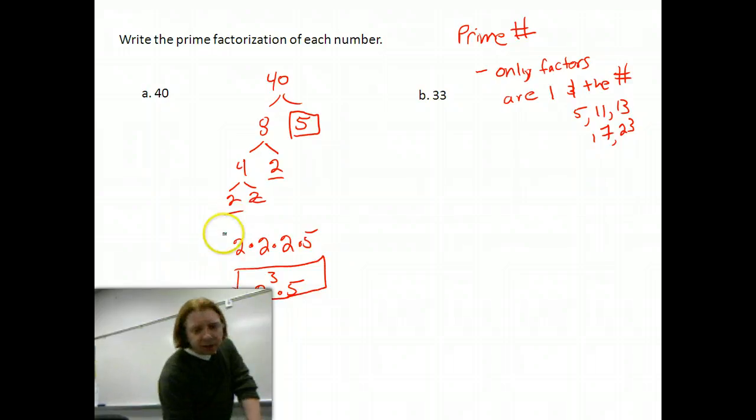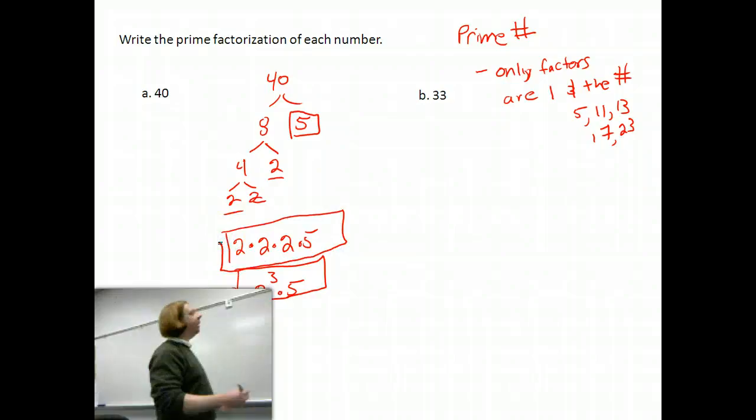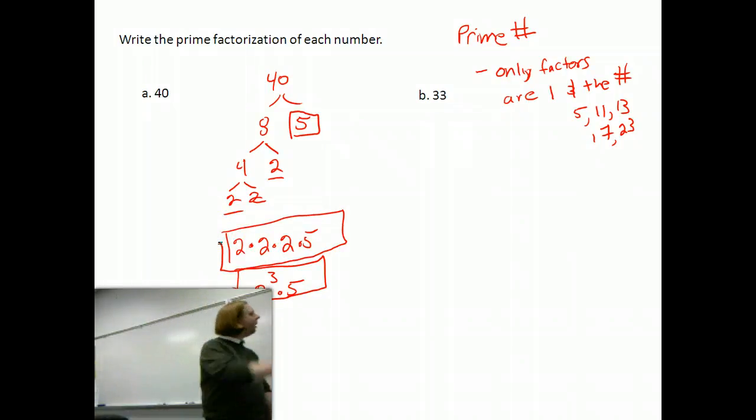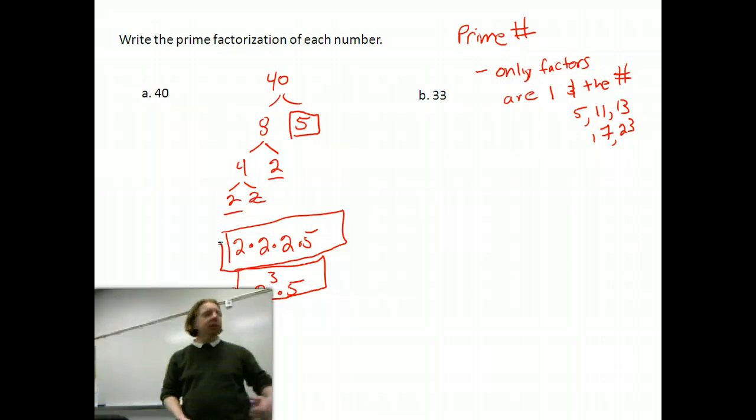Be prepared to give either answer. I'll take either answer. I'm open that way. But that's kind of where you need to get to. Any questions on where the 2 to the third came from? Yeah, 2 times itself 3 times, times another 5 will give me a 40.